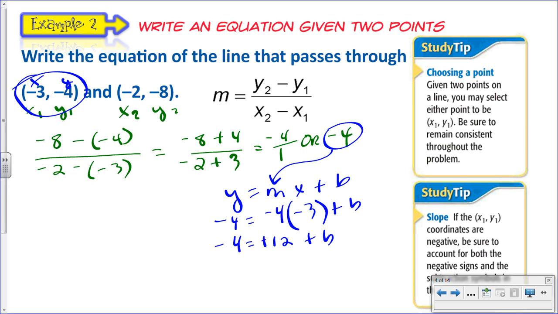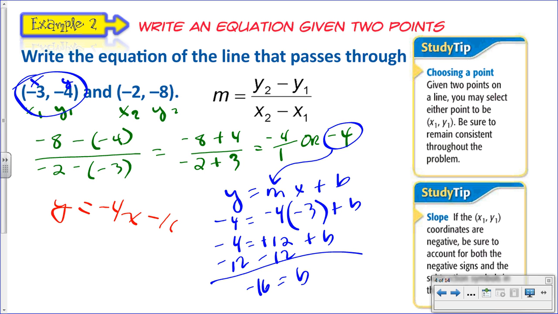How do we get b by itself? Subtract 12. b equals what? -16. Good. Am I finished? Is this my answer? So y equals what? My slope is -4. Good. Here's my answer.